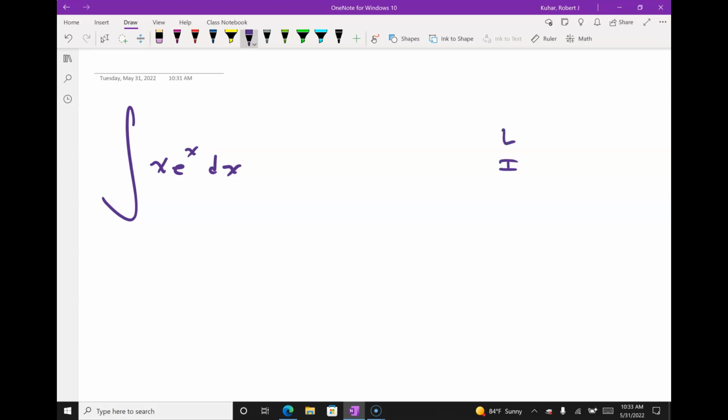And look at my LIATE list. So what's going to be my first choice? Remember, we're going L first. So trig, exponentials are last. Is there something on my list before that? Yes, there's some algebra, an x. So I got u. I want to find du. Done. 1 dx. I've got dv.